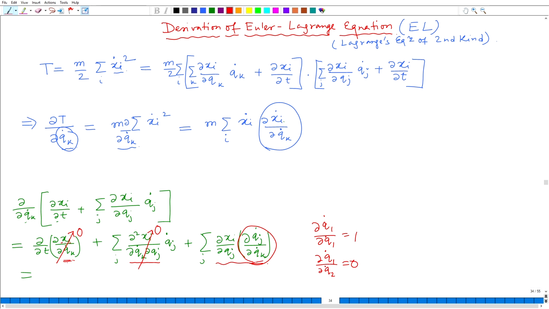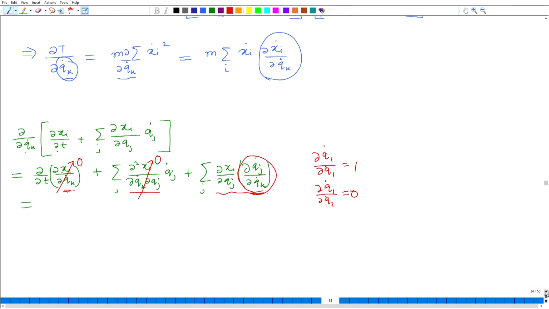So, this is 1 when j is equal to k and 0 when j is not equal to k. This is a Kronecker delta. You can write this as del x_i by del q_j times Kronecker delta jk, which gives del x_i by del q_k. Only when j is equal to k does this term survive.